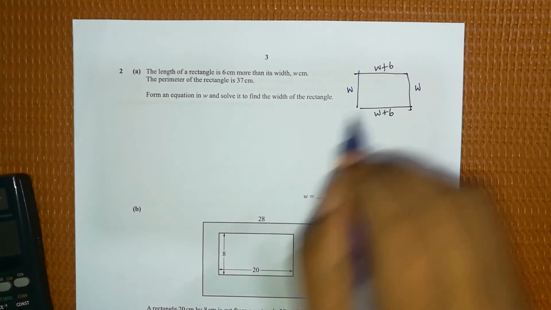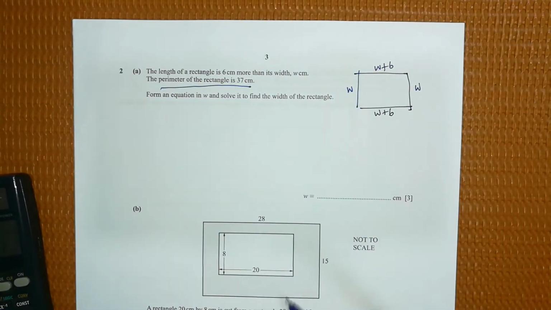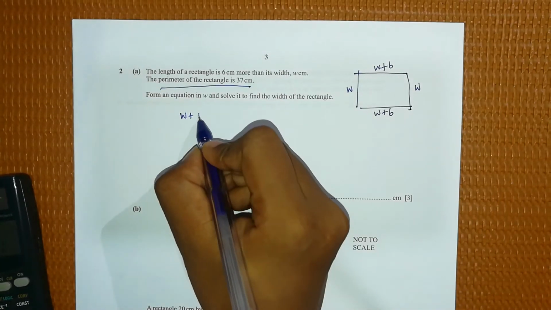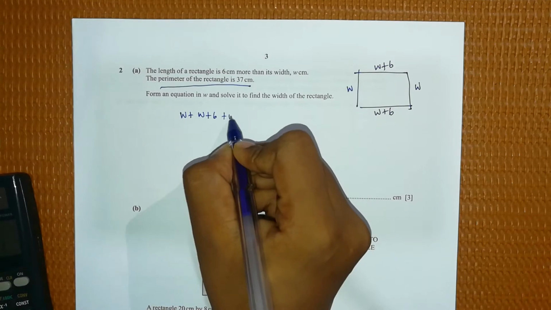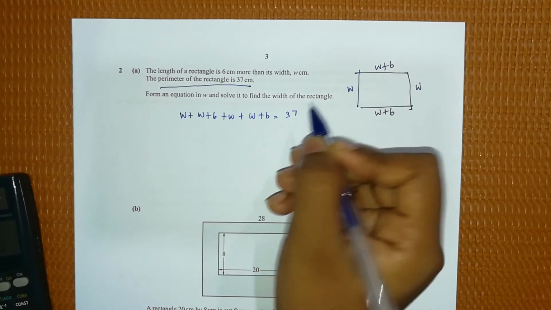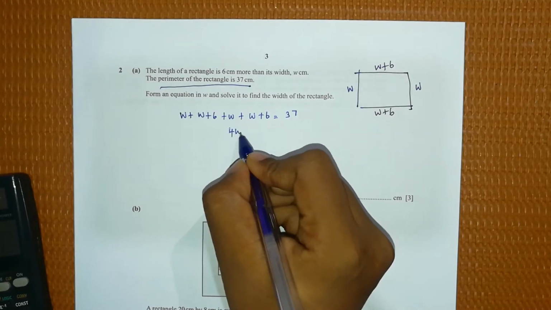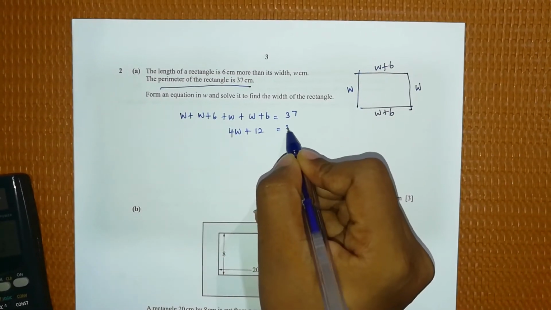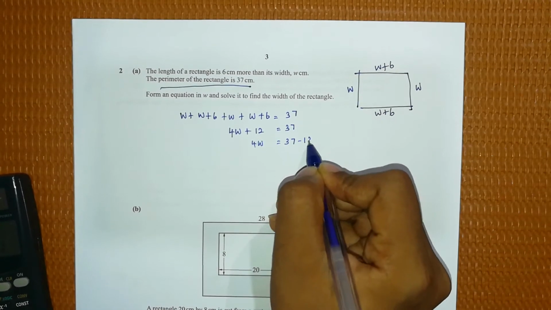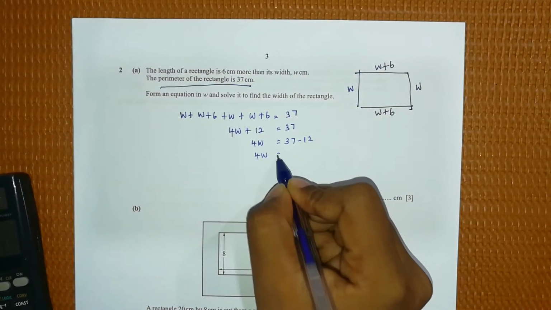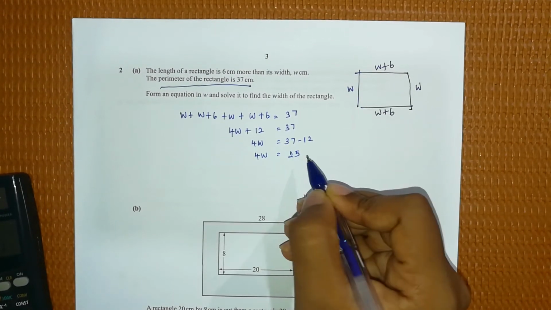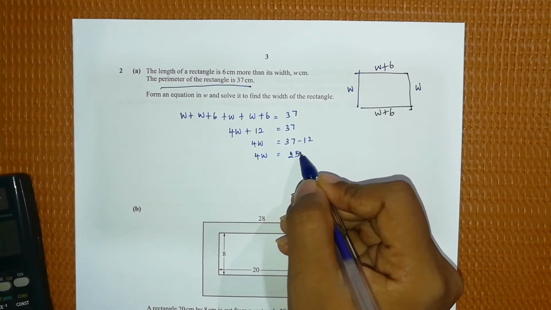And they have given us the perimeter as 37. So we have to add the 4 numbers, 4 sides, and make it equals to 37. 4W plus 12 equals to 37. 4W is 37 minus 12, 25.